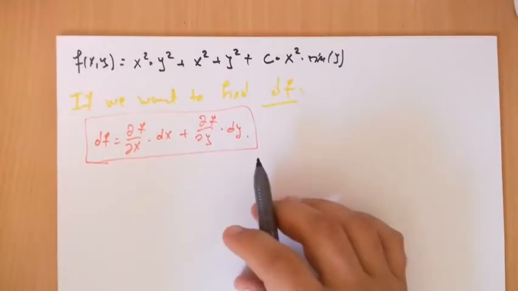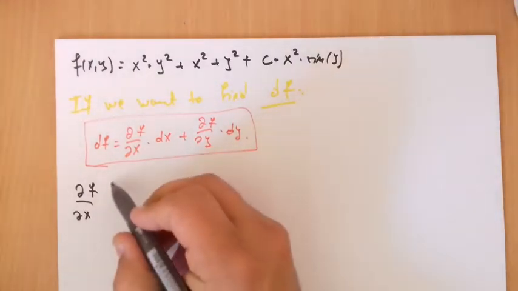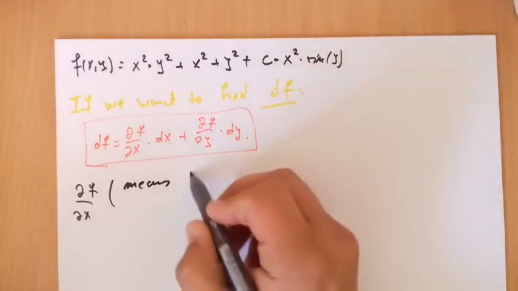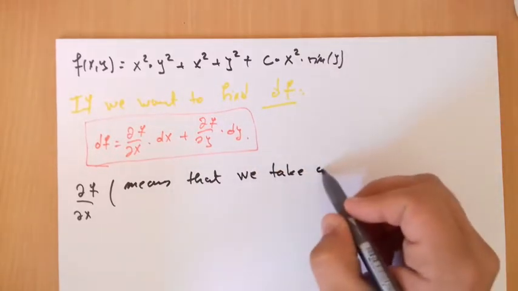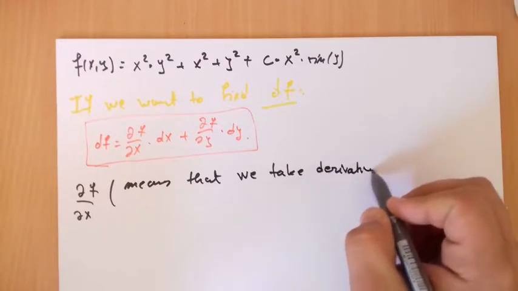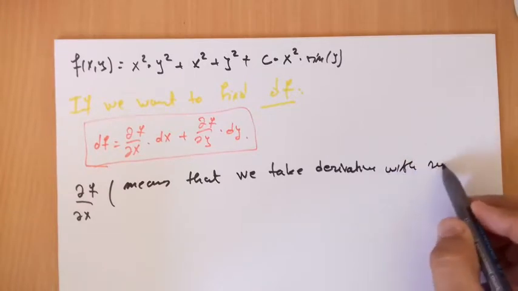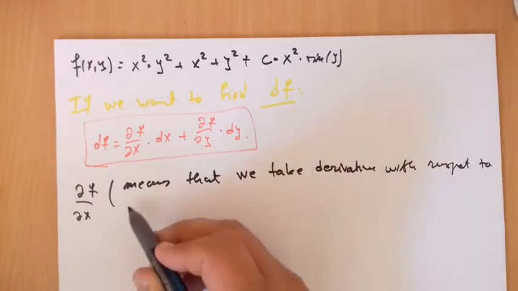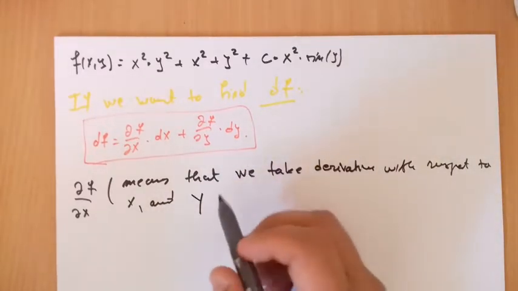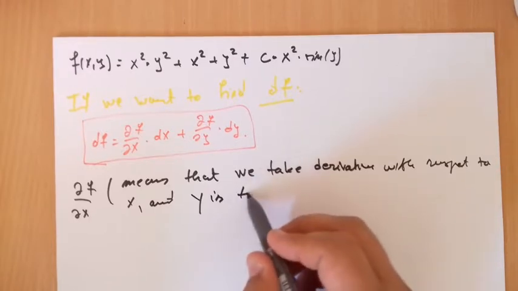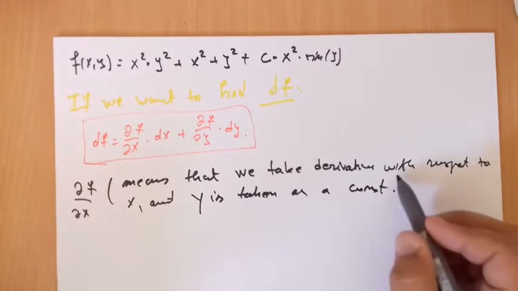But partial of f partial of x means that we take the derivative with respect to x, and y is taken as a constant.